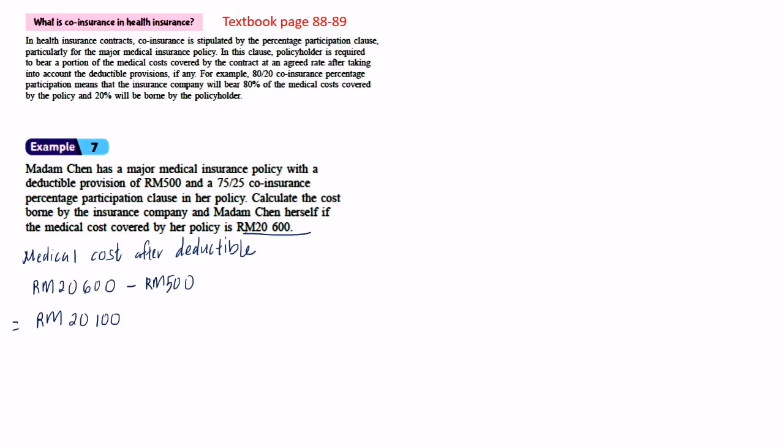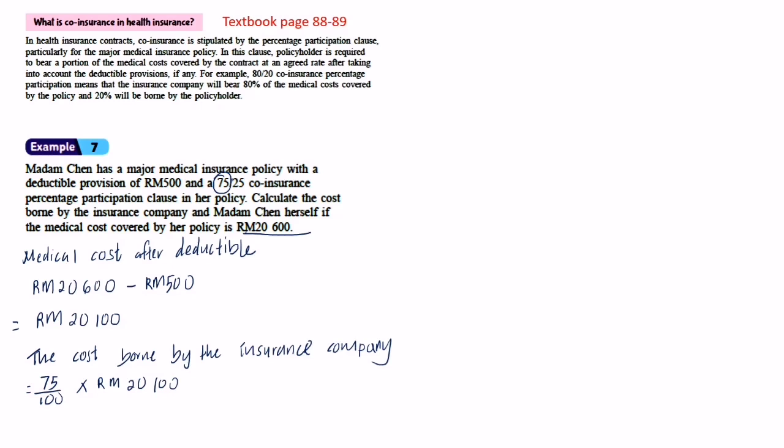So now we are going to count the cost borne by the insurance company. First, based on the ratio here, 75% times the medical cost after deductible, 20,100, equals 15,075 ringgit.